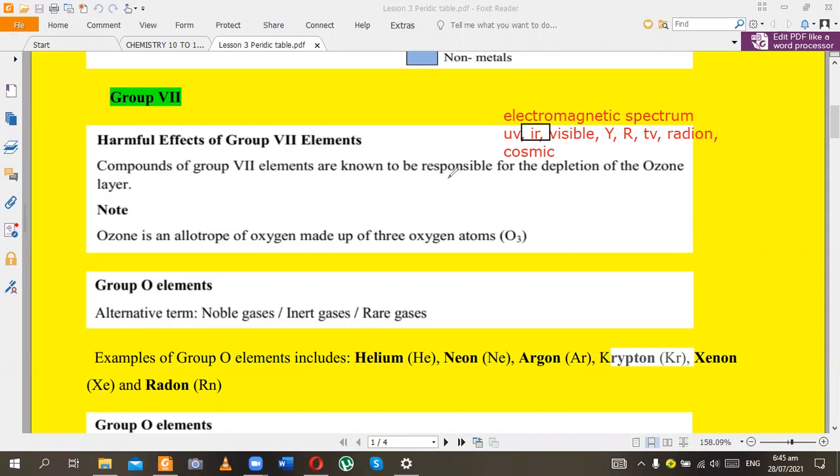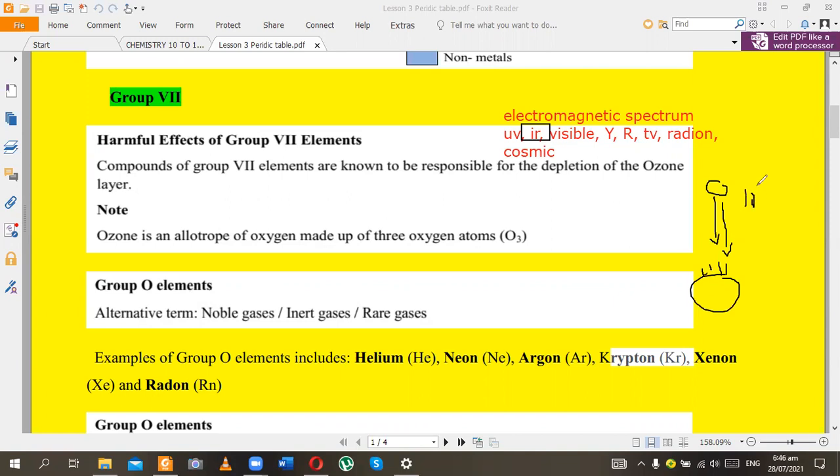So what does that mean? What it means is that if this is the Earth, and then we have a sun here, when these rays are coming, we have a shield that slightly protects us from the dangers of the IR.